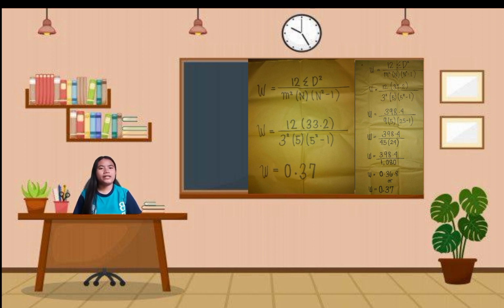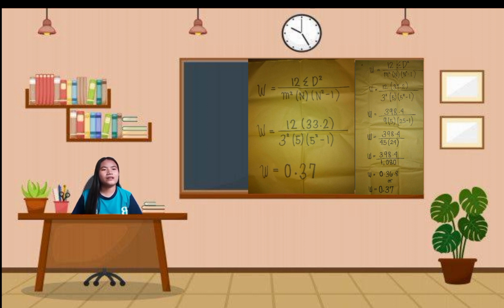So, we have here the Kendall W formula. W equals 12, the summation of D squared over M squared, the number of raters, times number of demonstrations, times number of demonstrations squared minus 1.